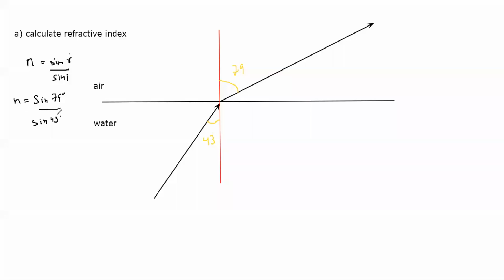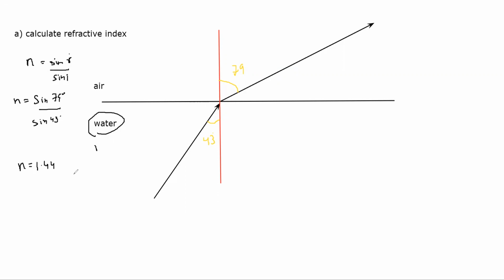Sine 79 divided by sine 43. It is moving from high density to low density. Water is having high density. 1.439. So 1.439, or 1.43 I can say, or 1.44 I can take.